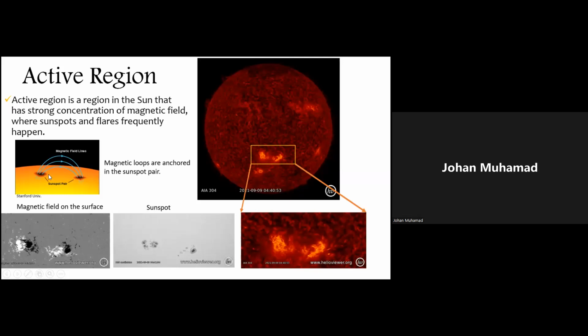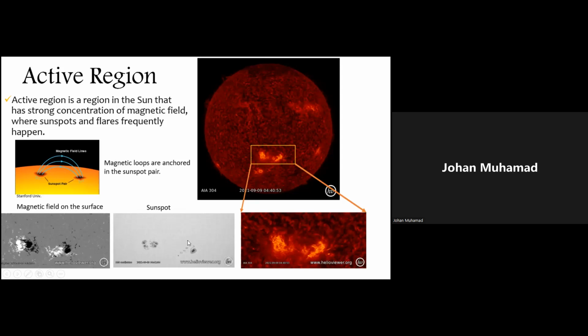And if we draw some field lines, for example, if this is the surface of the sun, then we can see the sunspots like this. So there must be a field line connecting this sunspot pair like this. So magnetic loops are anchored in the sunspot pair. We can imagine that there's a magnetic field line around here and also around here.